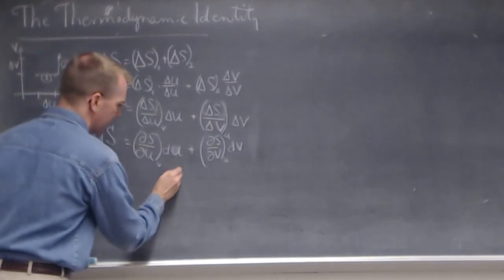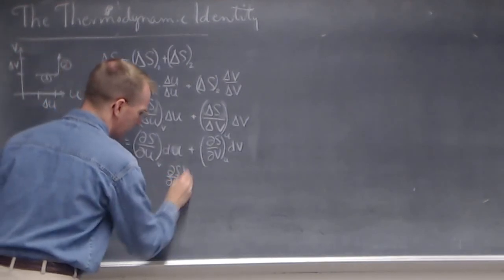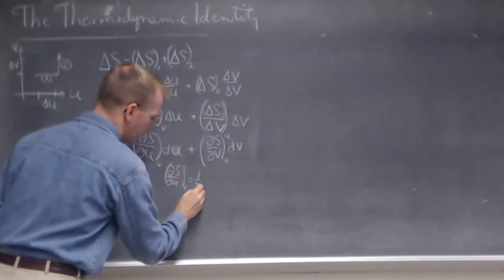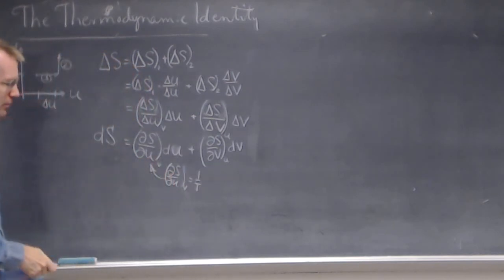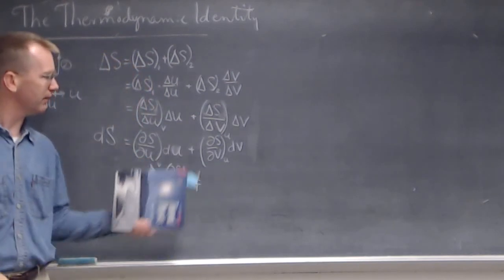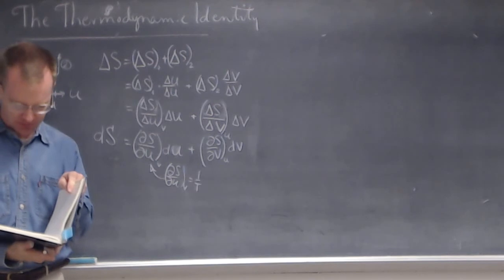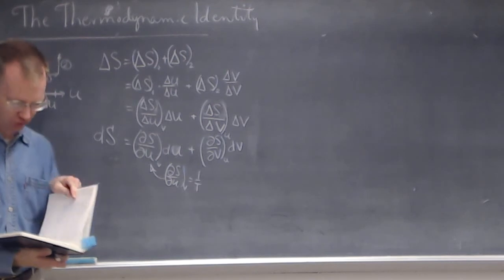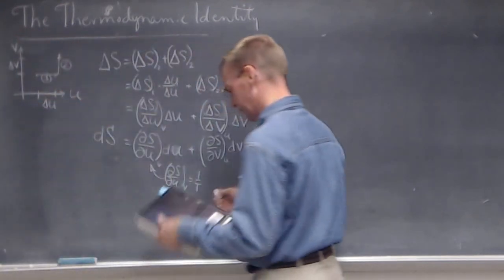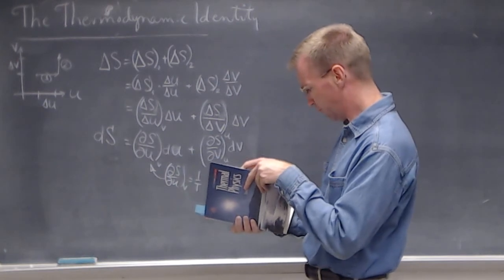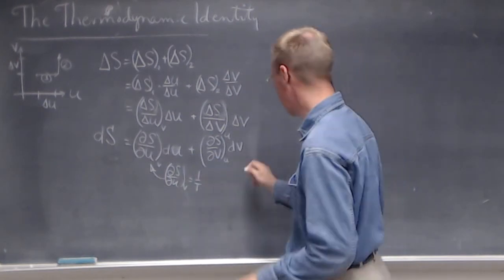Now, so that's 1 over temperature, and we've just arrived that dS by dV is related to the pressure. So, let's see, pressure is T times dS by dV.